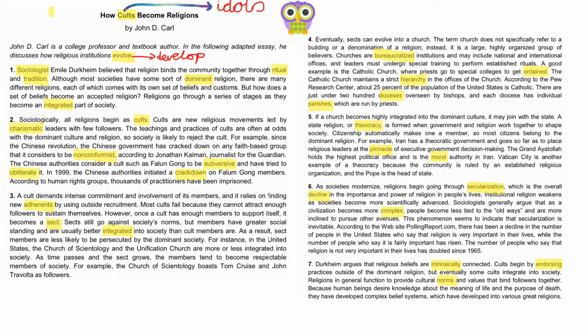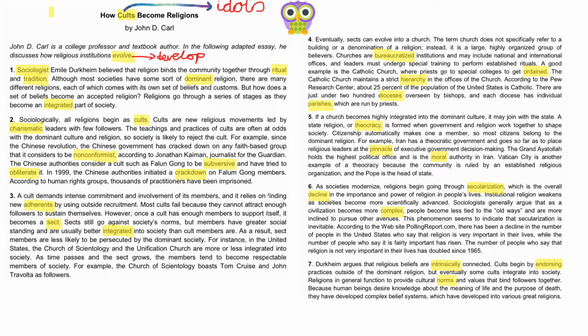Paragraph 5, I underlined theocracy. Theocracy, as you can see there, it says a state religion or theocracy. There's an example given there of a country like Iran, which is a theocratic government. In other words, government is run by church leaders.